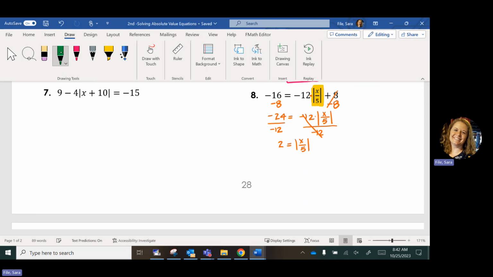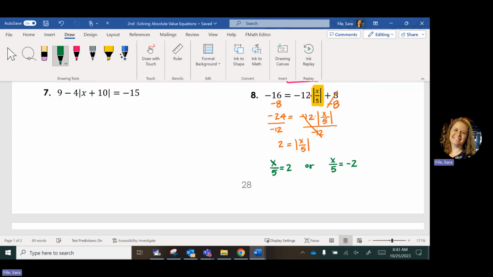So I take what's inside, the x over 5, and I set it equal to 2. And I set it equal to -2. Because it can be either one of those. The inside could be 2 or -2. Because when I take the absolute value of either of those, it gives me 2.